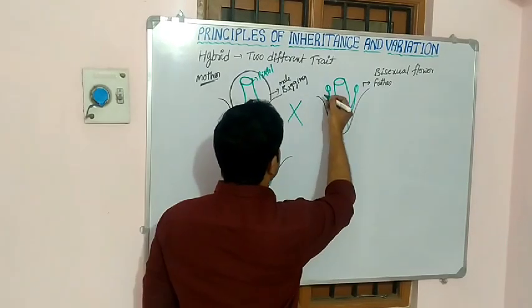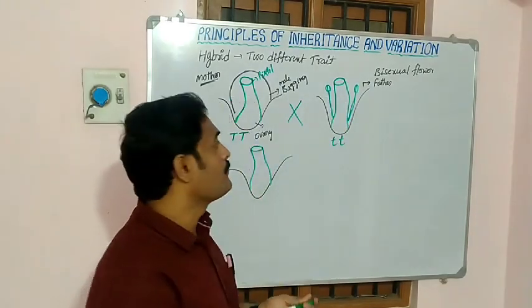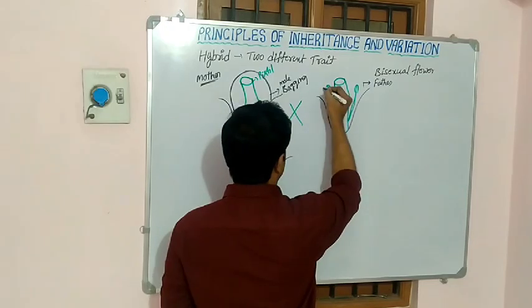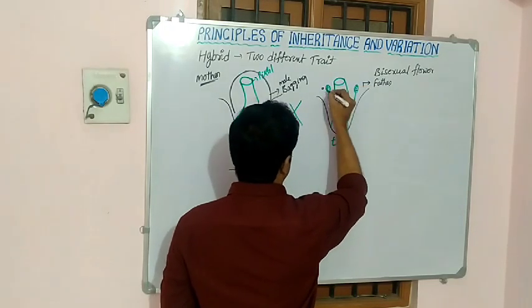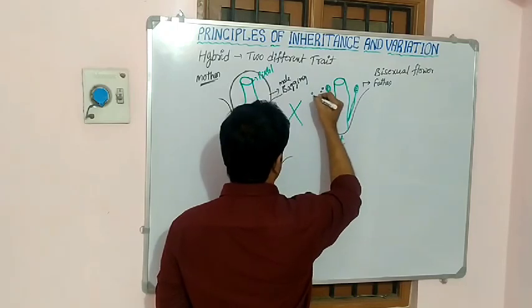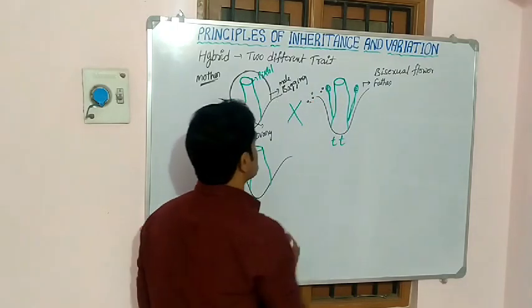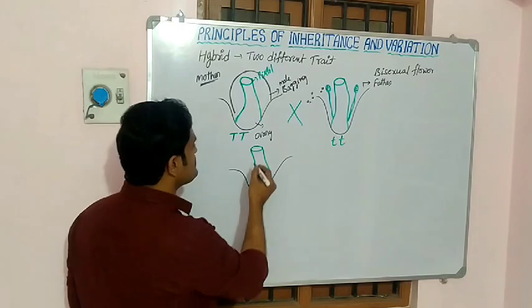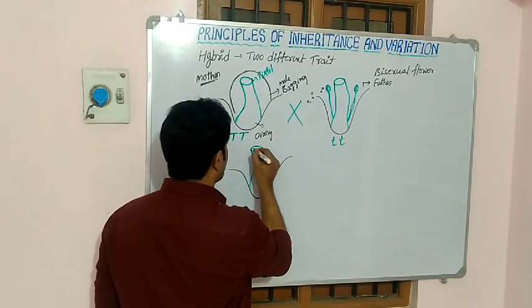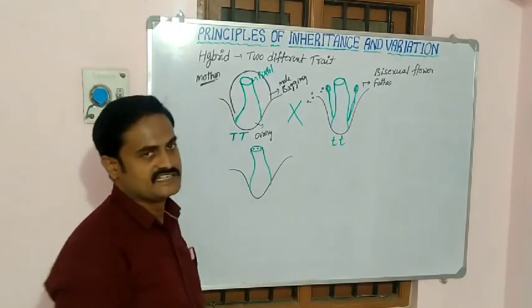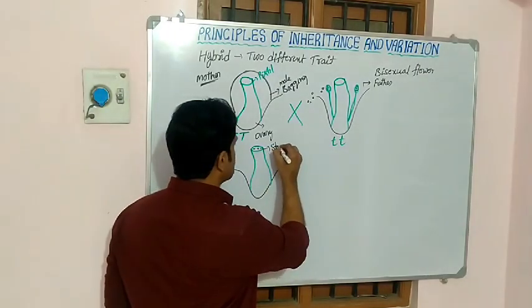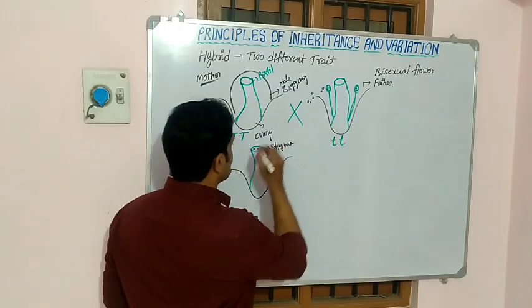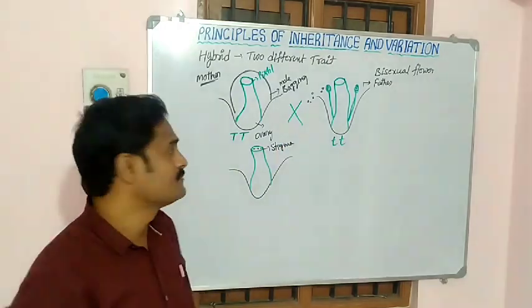Then Mendel collected some pollen grains from this anther. See, here all the pollen grains are present. Mendel collected some pollen grains and placed them on the pistil, on this part which is called the stigma.